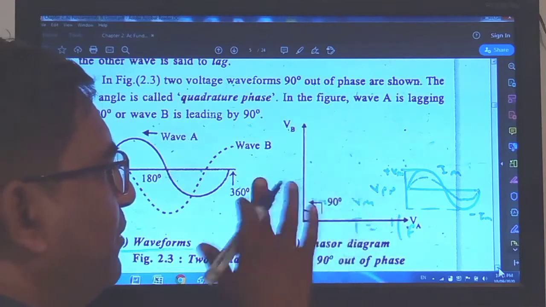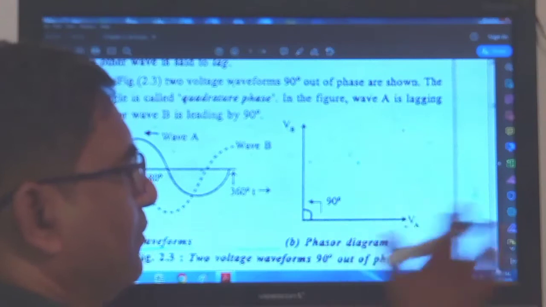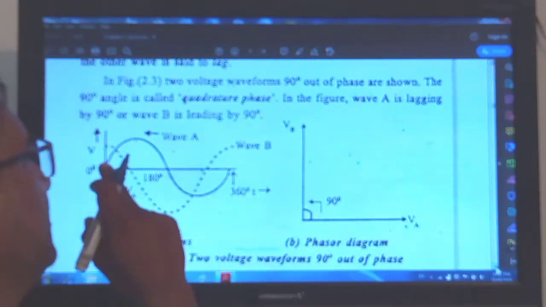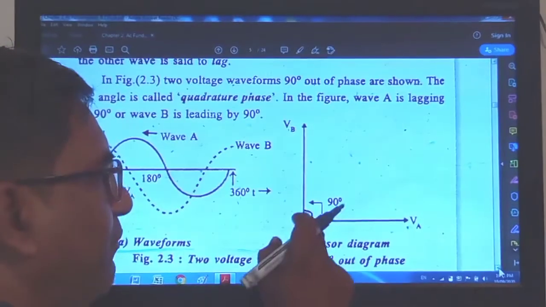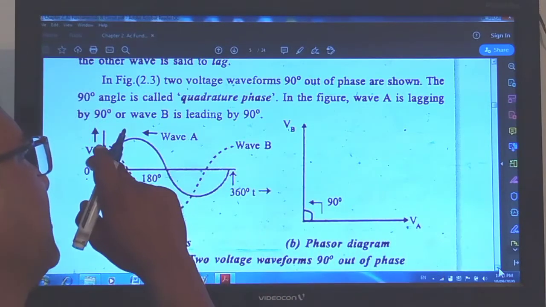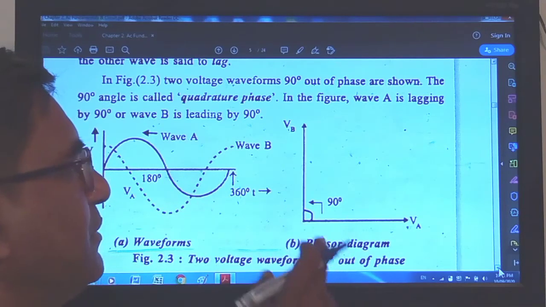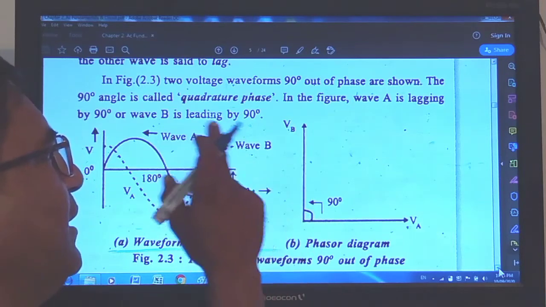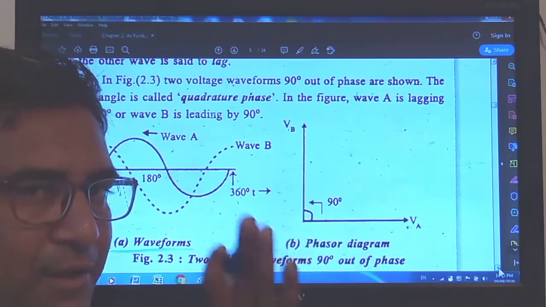If we draw this, what is the first wave? Wave number 1 is VA. But the second wave is leading by 90 degrees. If one is lagging, you may say the other is leading.